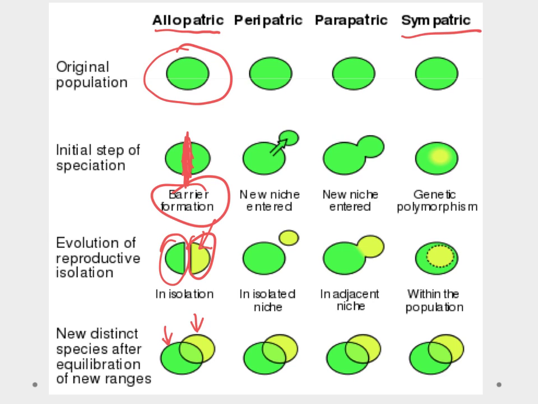And sympatric, again, we start here, but notice we have genetic polymorphism. What that means is two distinctly different variants. And over time, there's no separation between the two. We have our two different populations there, but they're in the same location. There's just some kind of selective pressure on these individuals that makes them choose there as opposed to here.